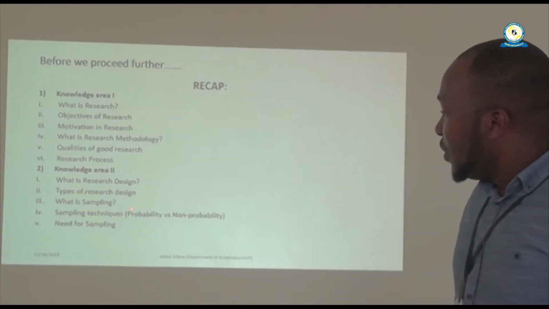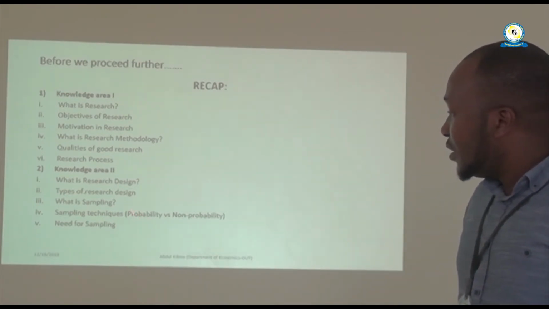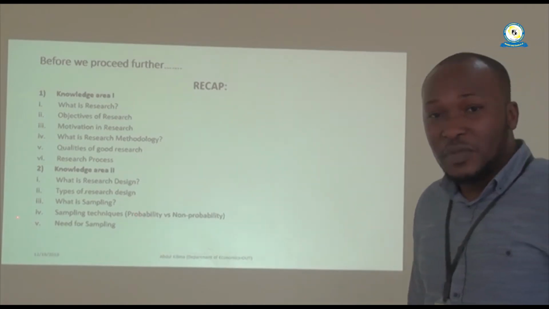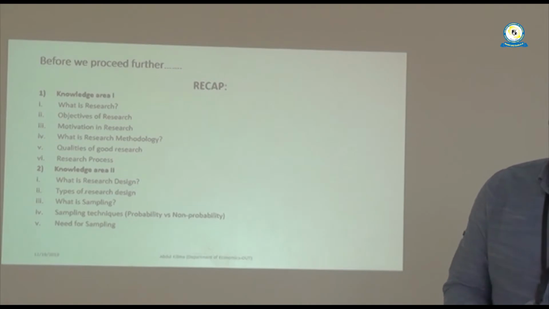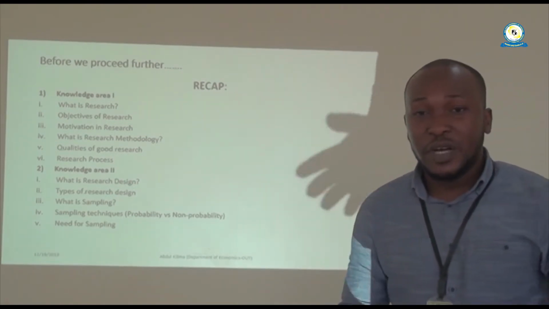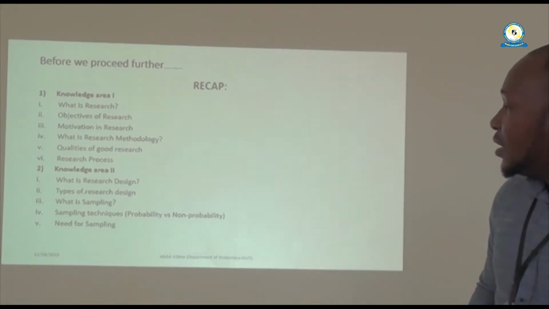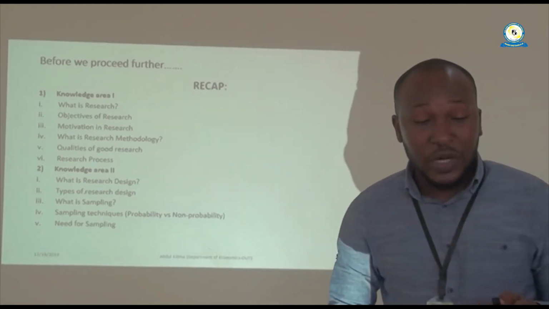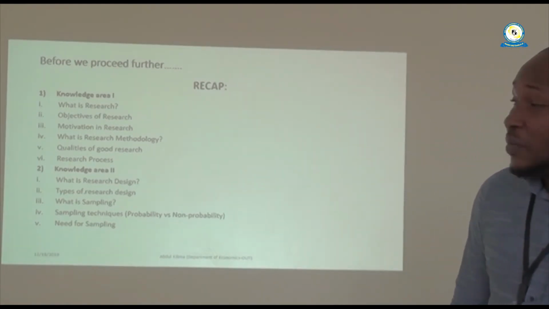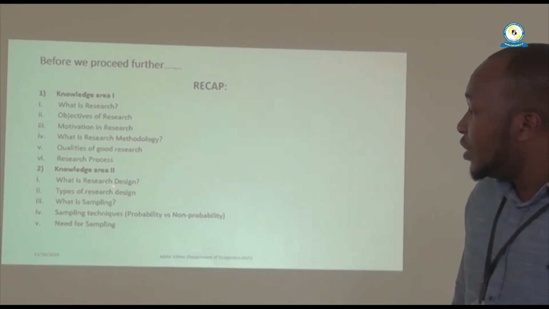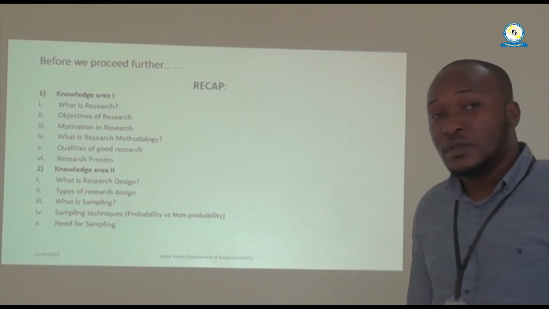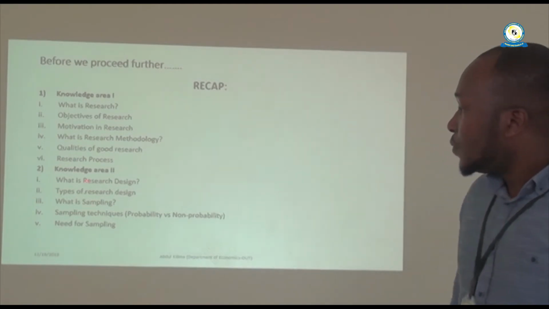We have two methods, the lottery method and the table of random numbers. In the lottery method, you take pieces of paper, assign numbers to them, mix them up, and select according to the number of the sample you want to take. The table of random numbers is done by computer most of the time.